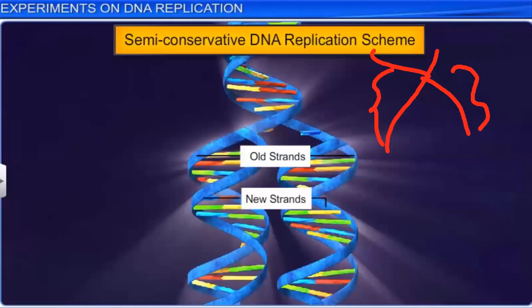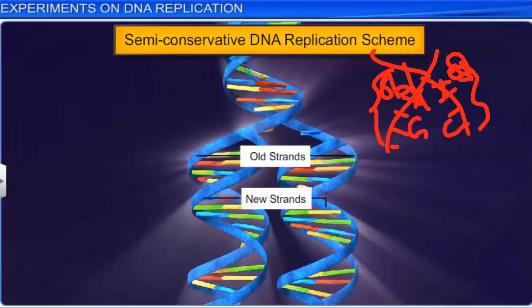Okay, and then this one will be the old strand, and the other, the templates, two strands are there. This is also old, this is also old. I'm just giving one simple example. Suppose this is A, here was T, and if here it was G, here it would have been C. This we know.